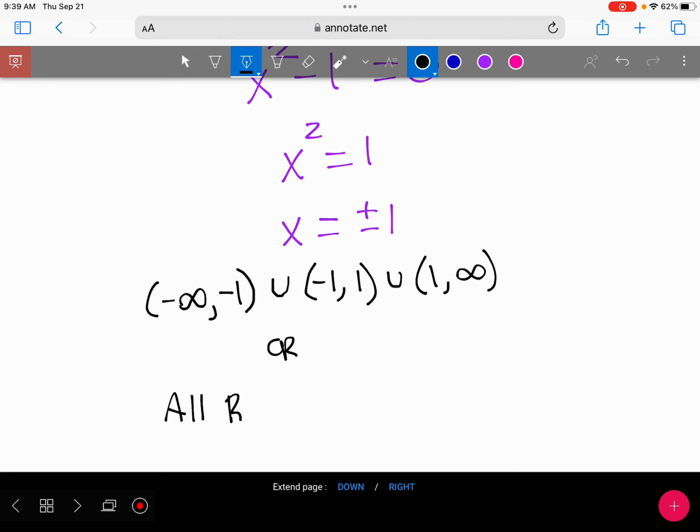All real numbers except 1 and negative 1. Those two sentences mean the same thing. This means the exact same thing as this. Mathily, wordily.